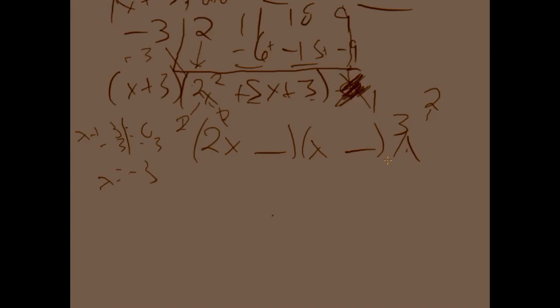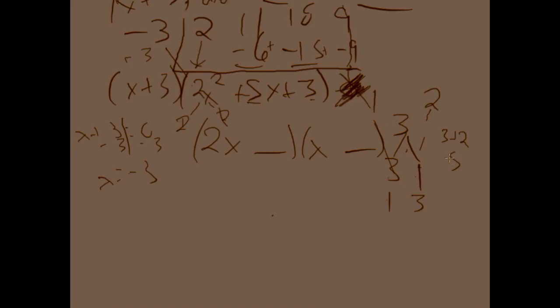So the first factors will be 3 and 1. Now, 2 times 1 is 2, 3 times 1 is 3, those add up to 5, right? 3 plus 2 equals 5, and that's what we need. That equals 5x.